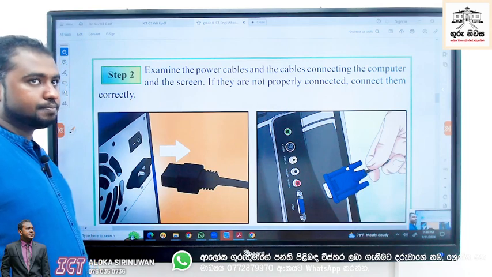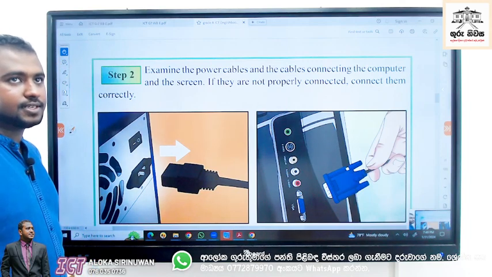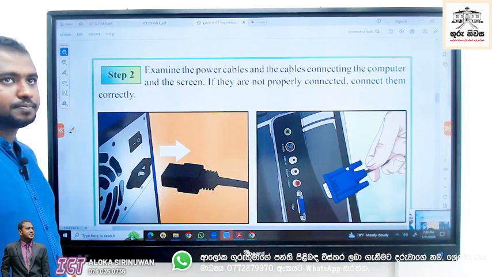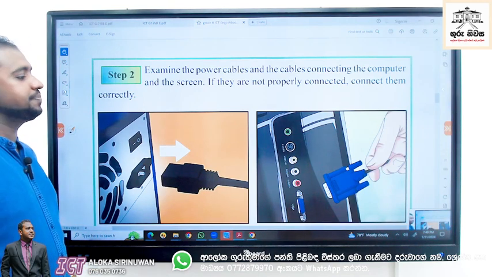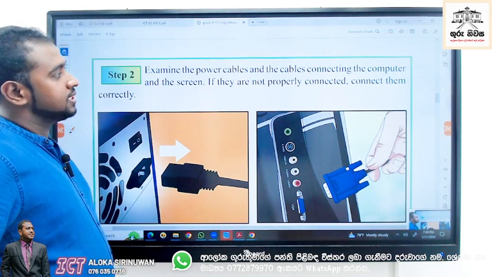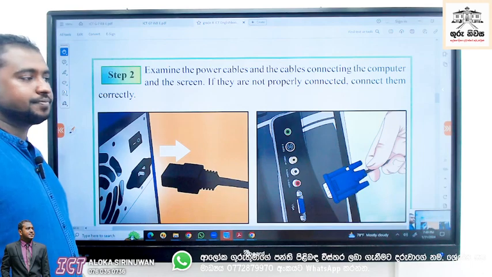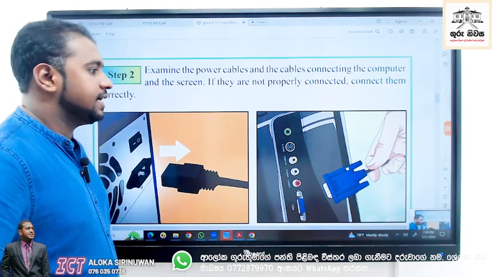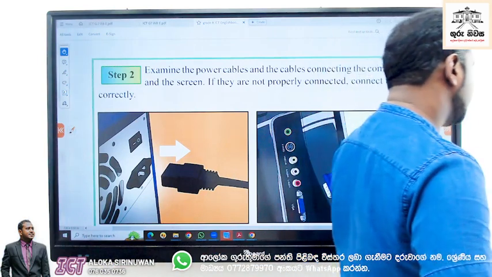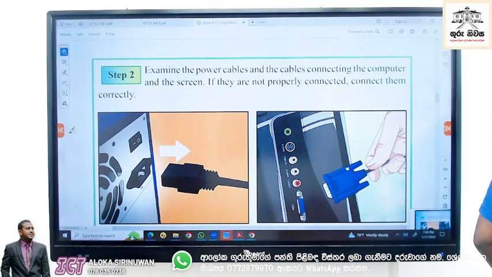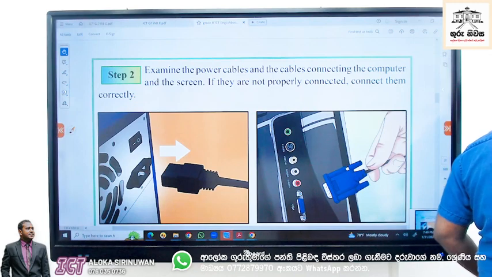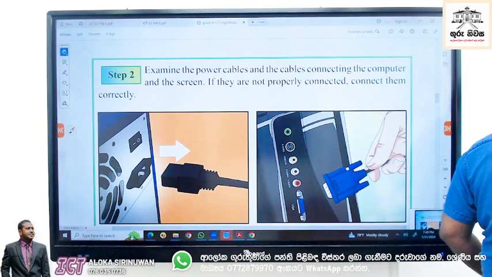If not, properly connect them. If not properly connect them.